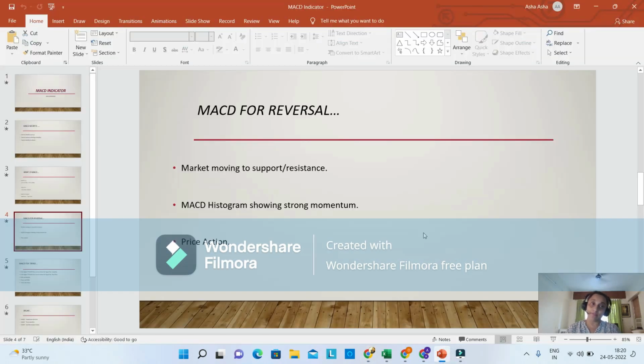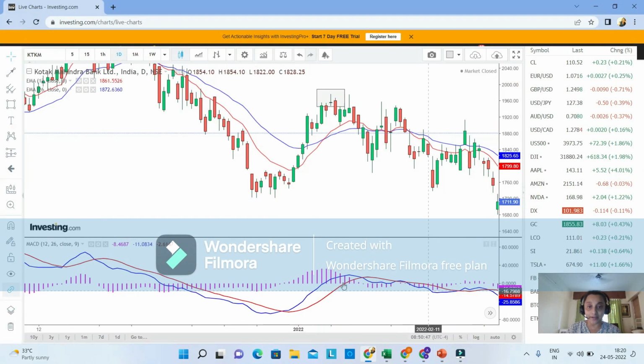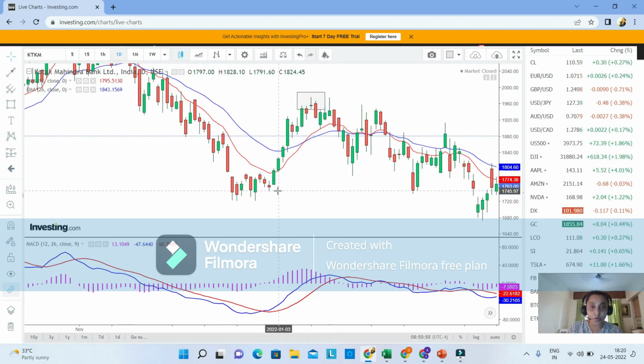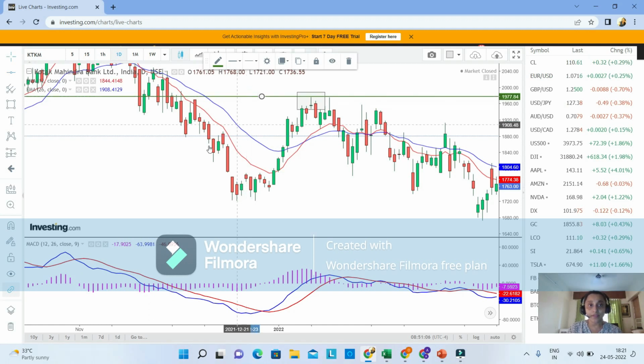So going back to my slide, we talked about MACD. How is it helping you for reversal? The MACD histogram and this difference between these two lines tell you whether the trend is strong or weak. So when you go with a strong upward trend, and you reach a resistance point, that is when you need to look for a rejection candle based on price action.